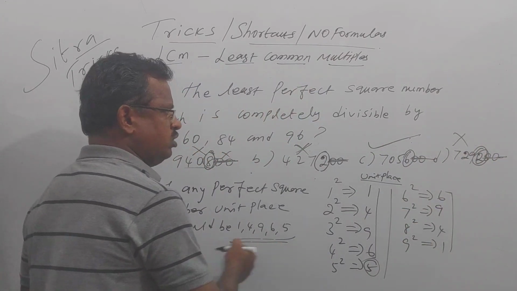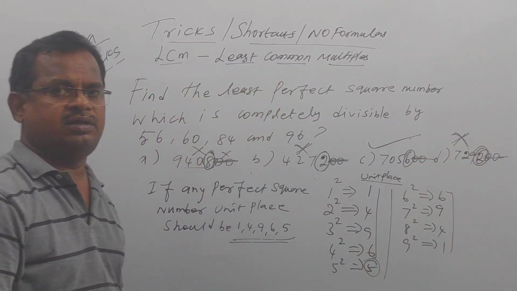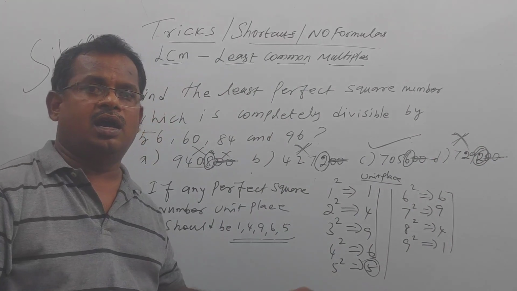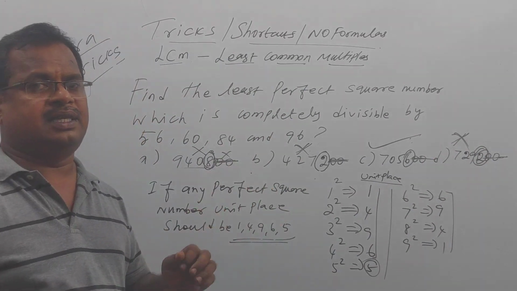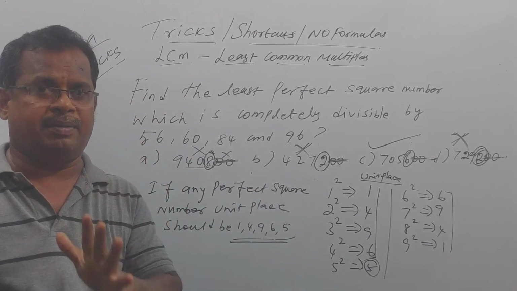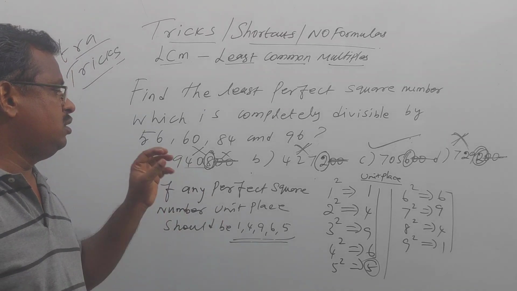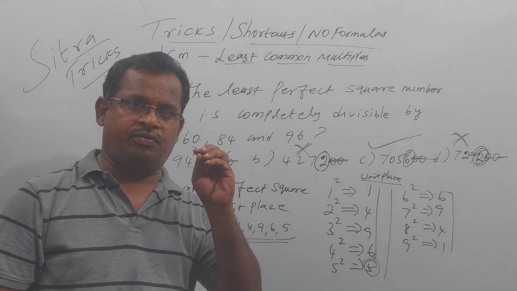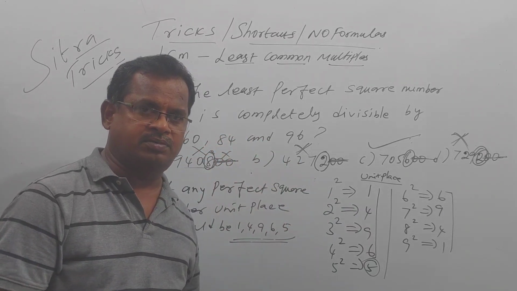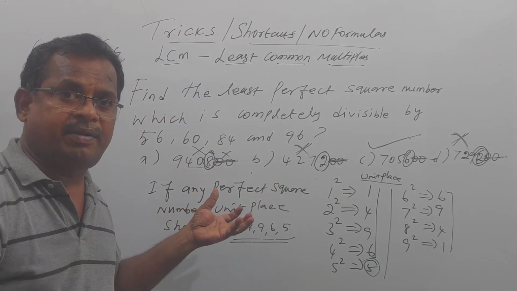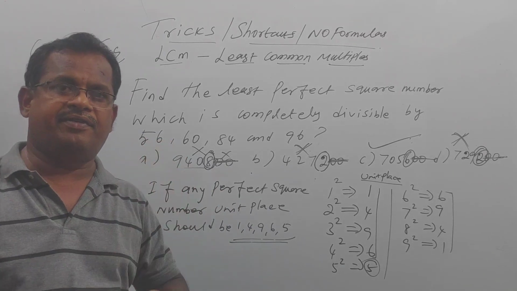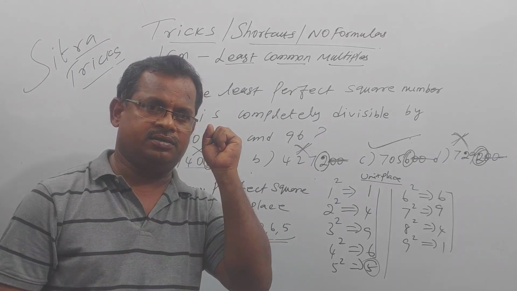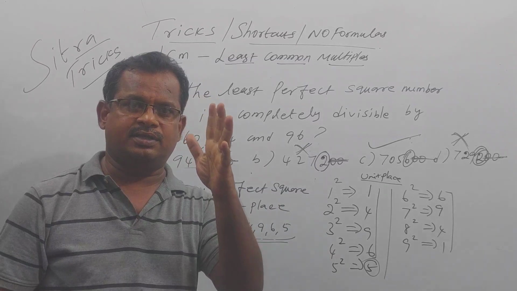No. This is the shortcut method with tricks, without formula basis. Are you clear? This is very important. If you are asked this type of sum, use these tricks and we definitely solve it within 2 seconds. Are you clear, friends?